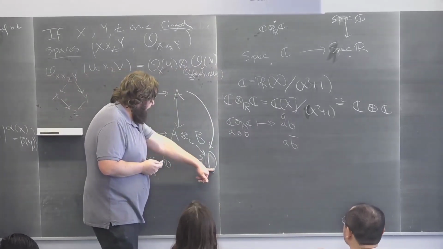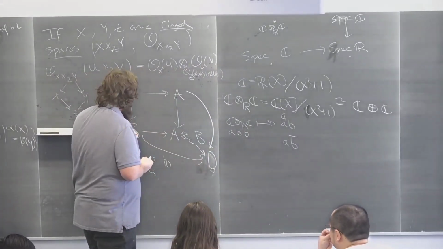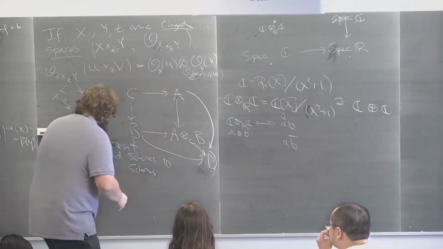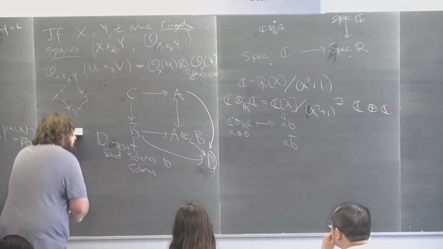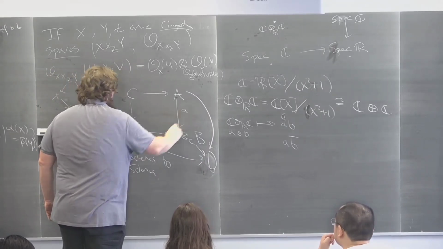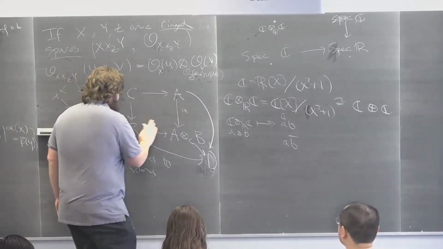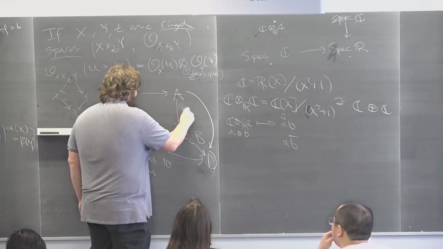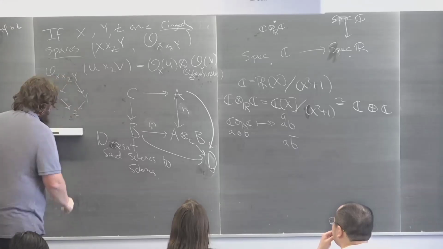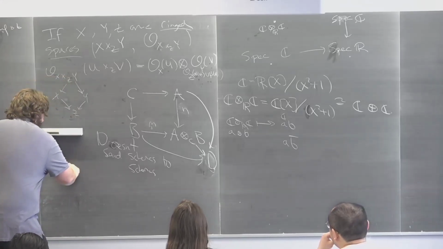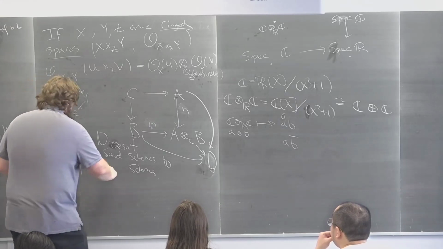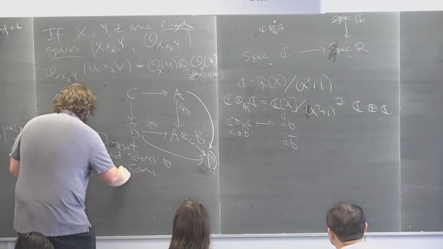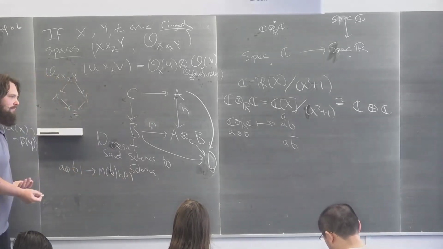I mean, if I have an algebra D, and I have a homomorphism from B and a homomorphism from A, and they agree on C, then let me call this homomorphism M and this one N. Then I can define a homomorphism that sends A tensor B to M of B times N of A, right?